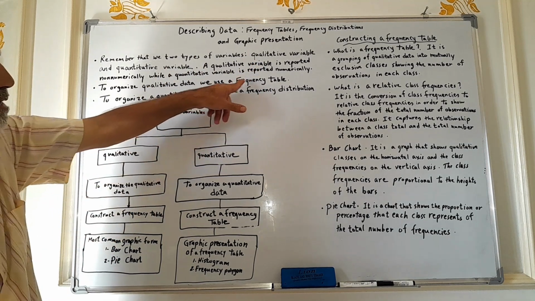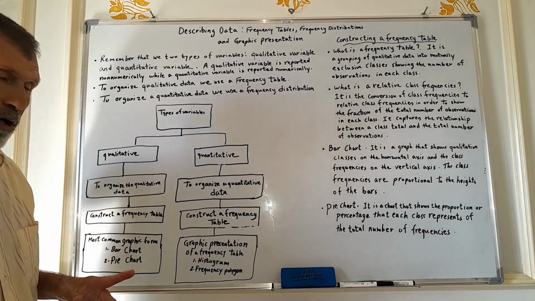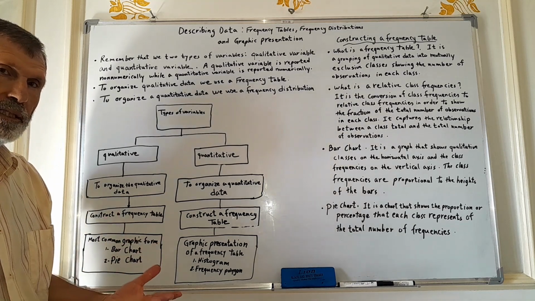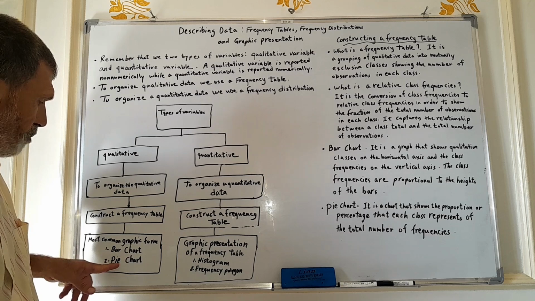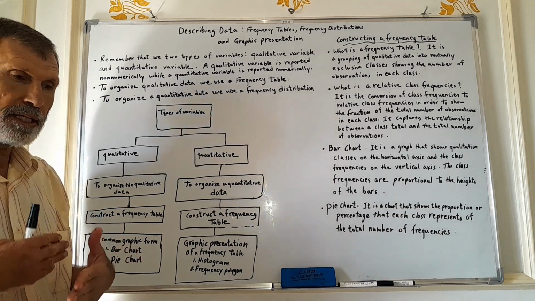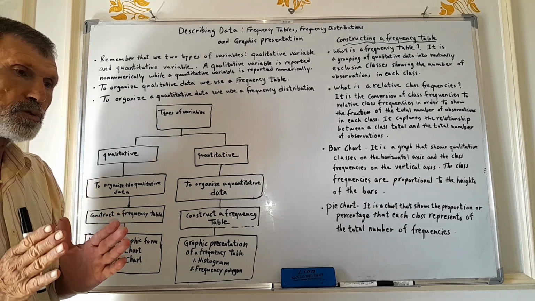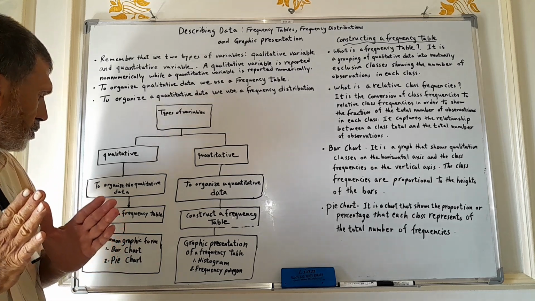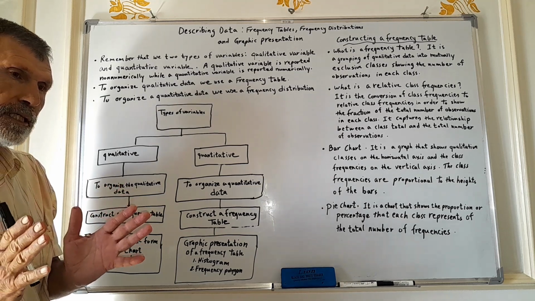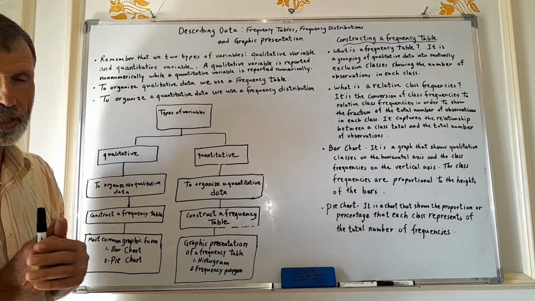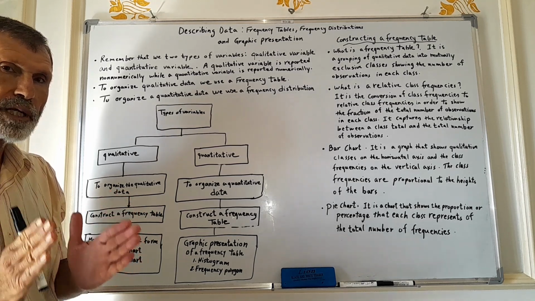The most common graphic forms to represent the frequency table are the bar chart and the pie chart. They are used when we have qualitative data.